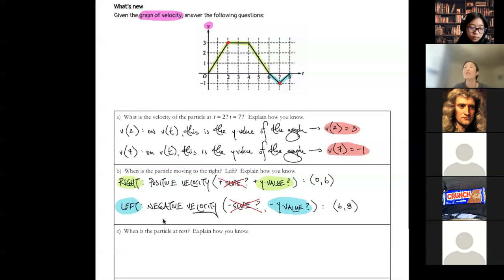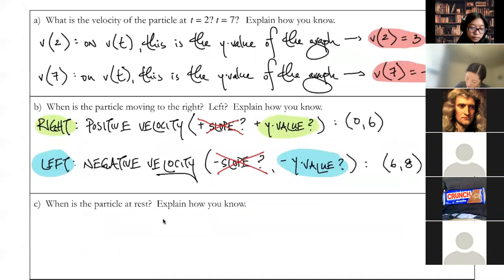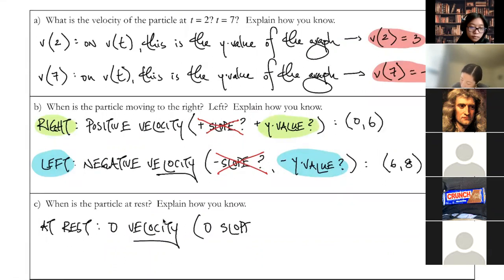I like this. Okay. So we can say, similarly to what we did up there, that a particle is at rest when there is zero velocity. Okay, so that doesn't change, but we're not looking for zero slope. We are looking for zero as a y value.